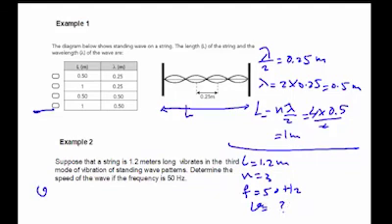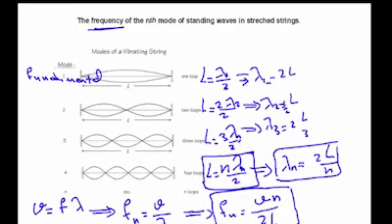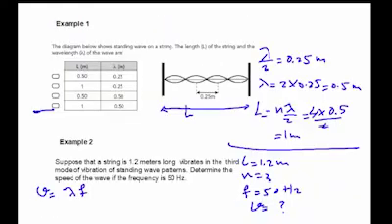To calculate v, we use v equals lambda f. F is given, but we have to calculate lambda. Going back to the expression for lambda, it is 2L over n.